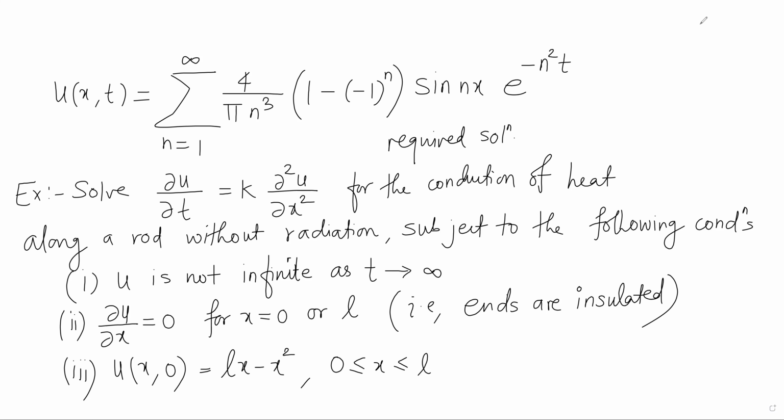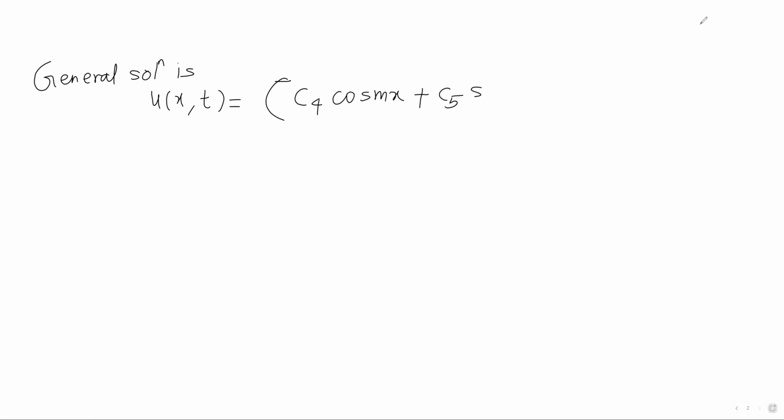So first, you always start with a general solution. What is the general solution here? The general solution is u of x,t equal to c4 cos mx plus c5 sin mx into e raised to minus c square m square t. Now what is the value of c square given?